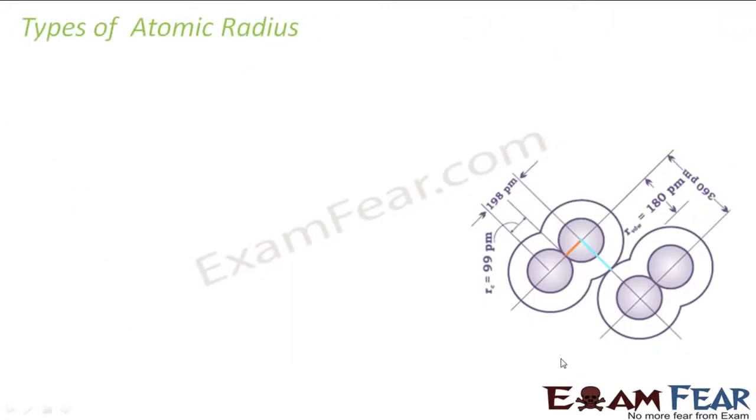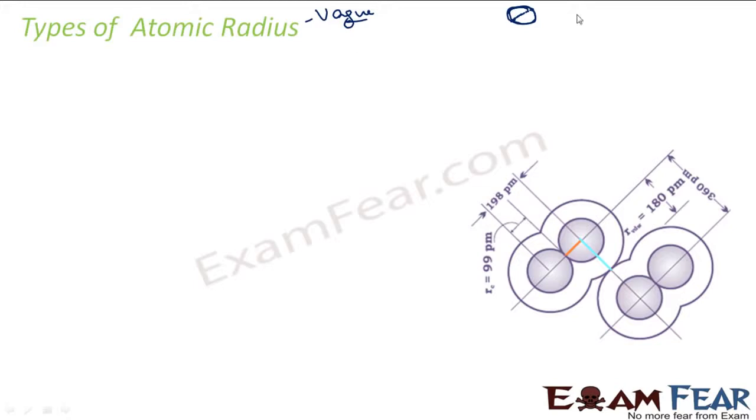Let's talk about atomic radius now. But before discussing the trends in atomic radius, let me talk about atomic radius. In fact, atomic radius is a very vague term. See, if you have a cricket ball, or a football, how difficult is it to measure the radius?